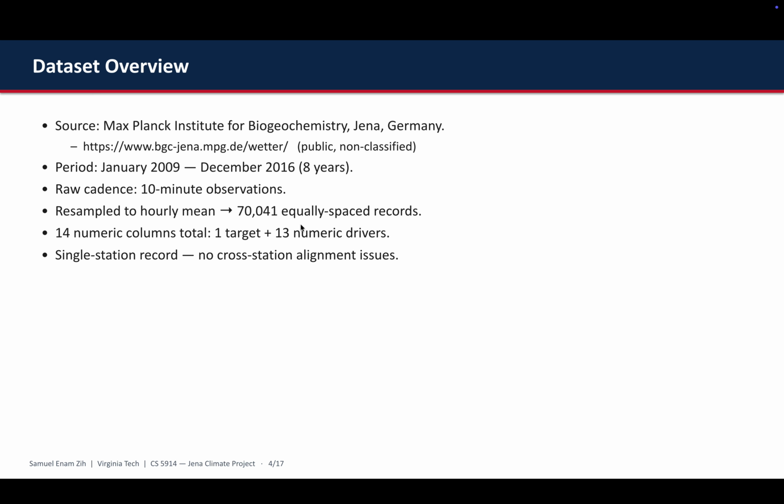Because everything comes from a single station, I avoid the cross-station alignment issues that dog multi-source studies, which means more of the modeling effort can go into the dynamics rather than data cleaning.